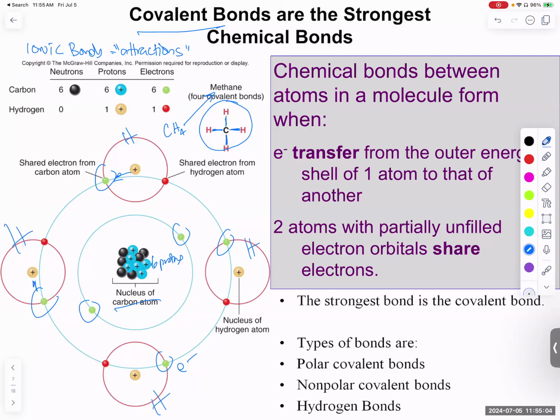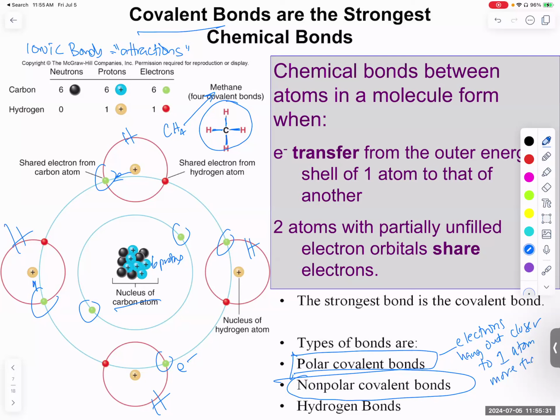Equally shared electrons and protons, and that would be a non-polar covalent bond. Everything's equally shared. But there's another type called polar covalent bonds, where the electrons hang out closer to one atom more than the other.